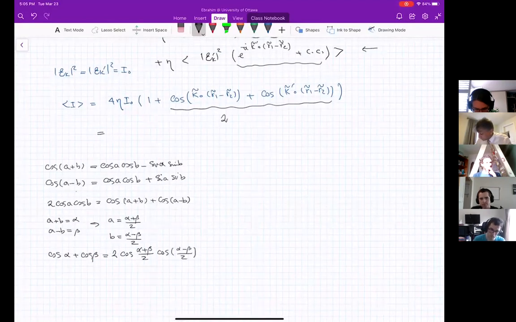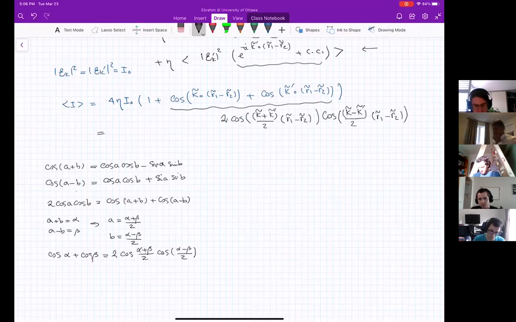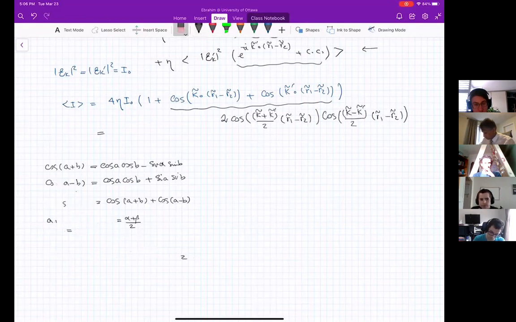So here is 2 cosine of the sum of the 2 divided by 2, which is (k plus k prime)/2 times (R1 minus R2). Then I have cosine of (k minus k prime)/2 times (R1 minus R2). Good. No need for this one, I just did it for myself.